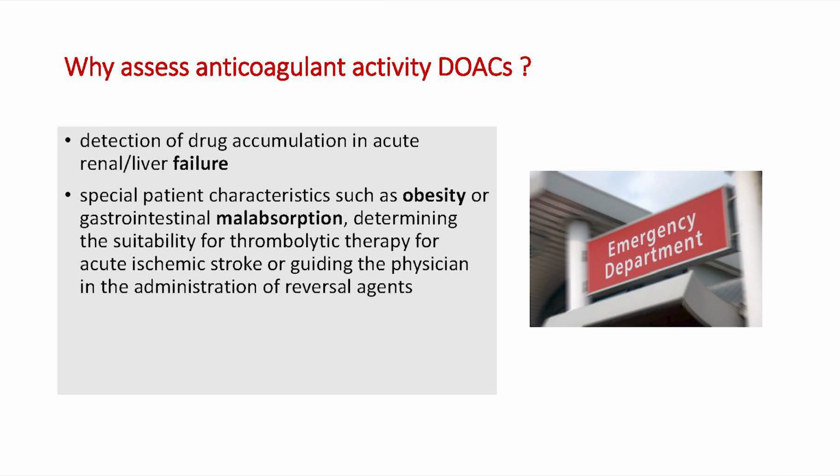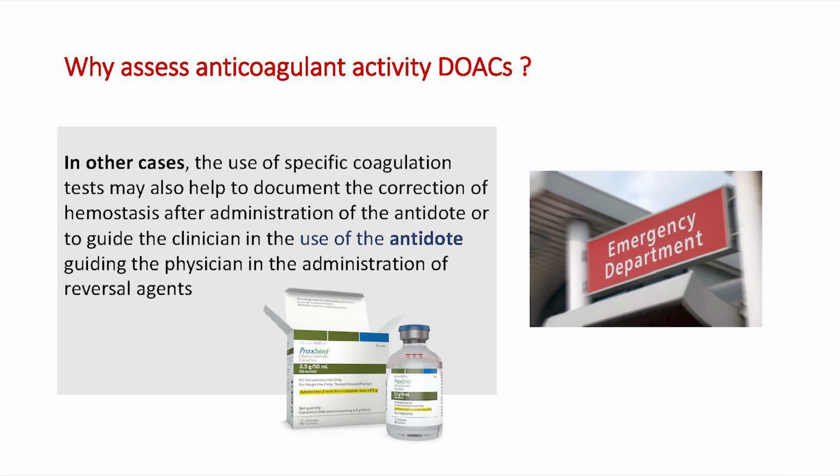Also, in patients with renal failure or liver failure, they need to know exactly the level of these drugs. And in certain situations, like using an antidote to overcome the toxicity of these drugs, we need to assess the level of direct oral anticoagulant.